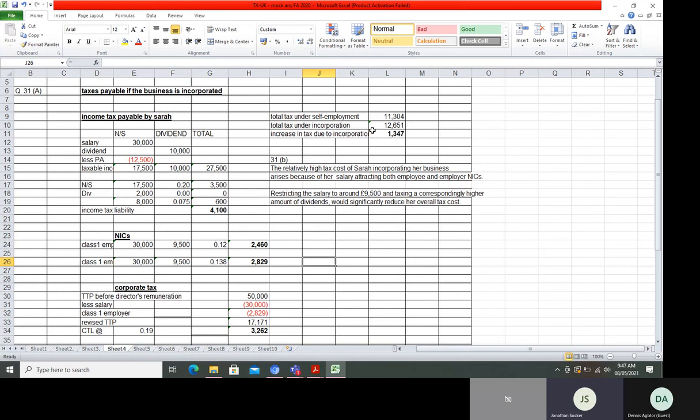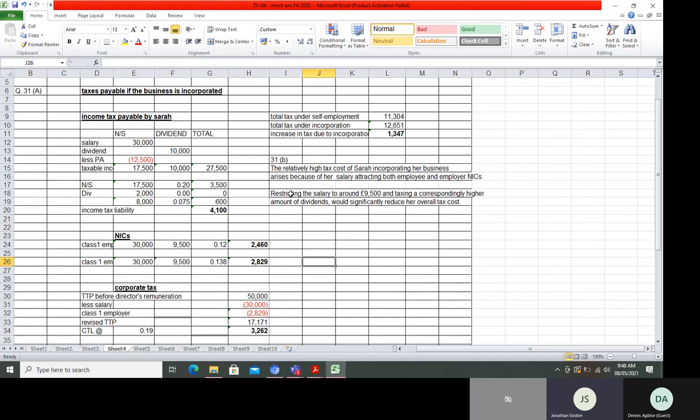When she was operating under self-employment, she will pay class 2 and class 4 NIC. Okay, and class 2 is not based on the profit. So the only NIC that will be subject to profit is class 4. But here, her salary is attracting both employee NIC and employer NIC.